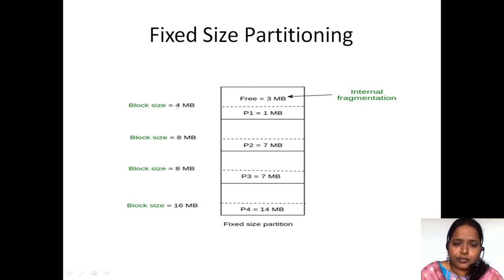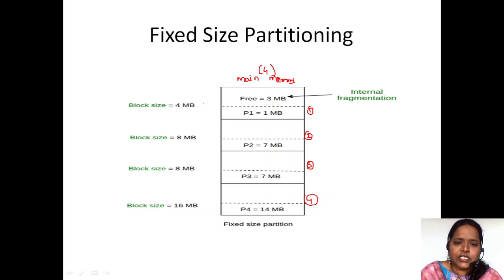See here, how many partitions are there? First partition, second partition, third partition and fourth partition. So this is fixed size partitioning. This we call the main memory. This main memory is divided into 4 partitions.